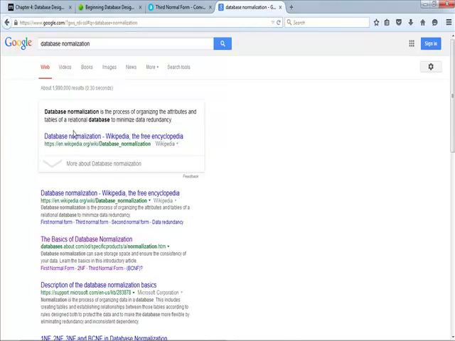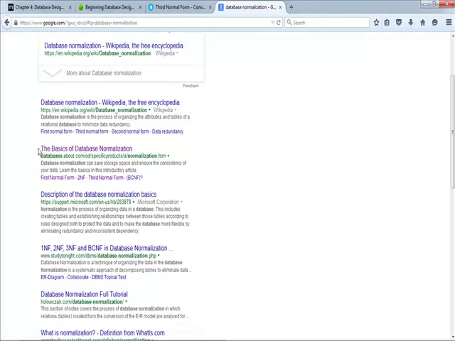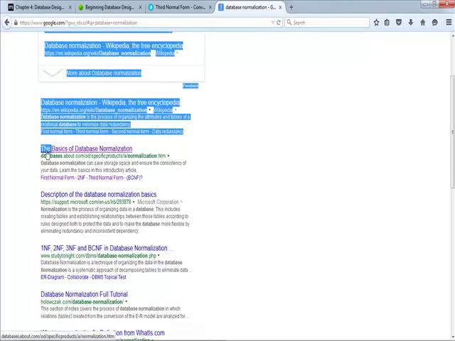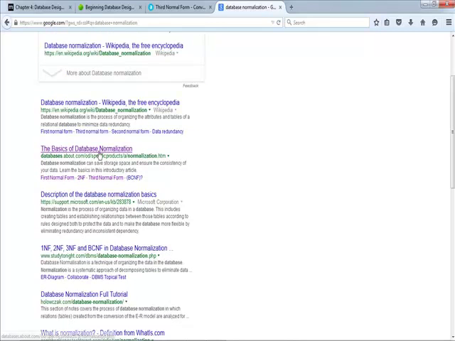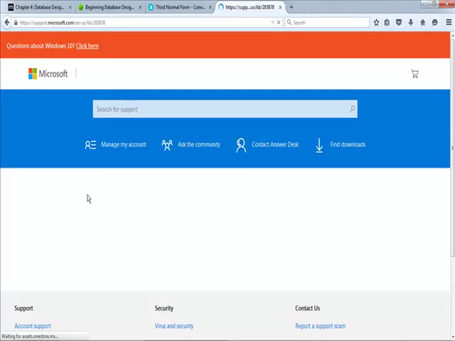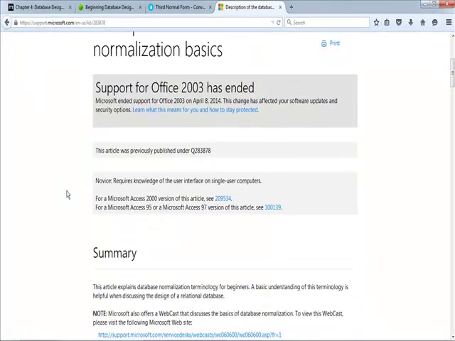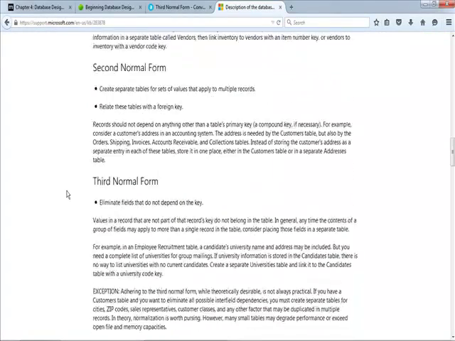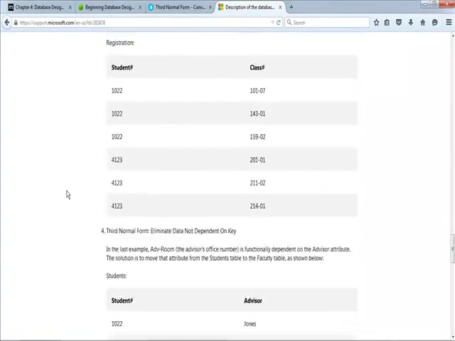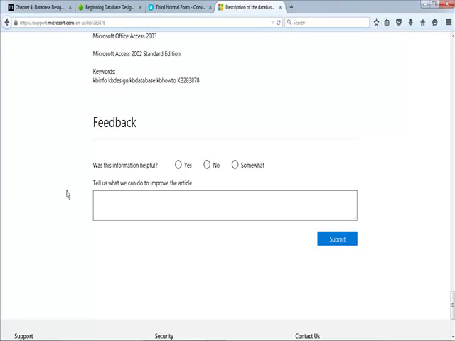You can see amongst others the basics of database normalization. Description of database normalization basics. This is again from Microsoft. All right. So they've got more examples in here. There are just example after example after example.